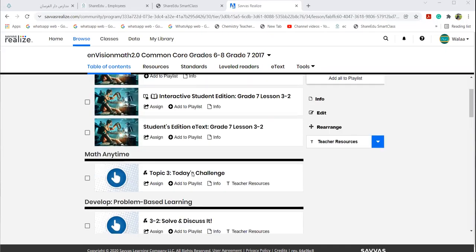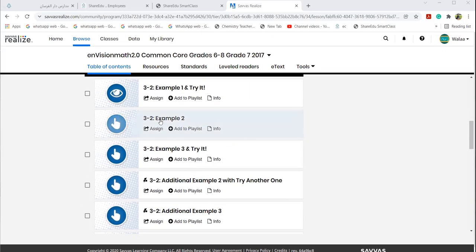Okay, now page number, I'll just show you example 2 first. Let's see example 2.